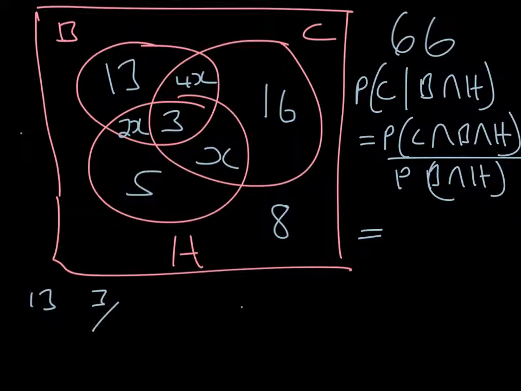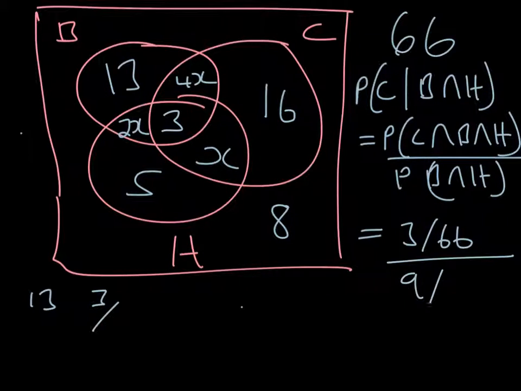Looking at the Venn diagram, the probability that they took all 3 is this number here out of the total, so that's going to be 3 over 66. And we're going to divide that by the probability that they took the boat and the helicopter, which we said is the intersection here. We've said that x is 3, so that's going to be 6 plus 3, so that is 9 over 66. We can simplify that down, which gives us 3 over 9, which is equal to a third.